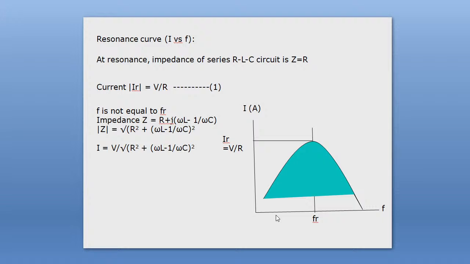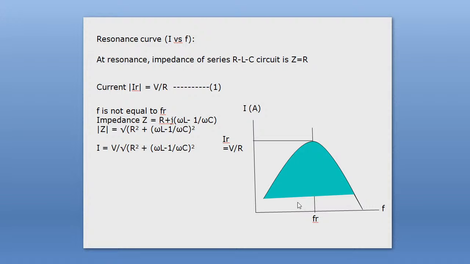Just below the resonant frequency, the current decreases, and above the resonance frequency, current also decreases. At frequency greater than FR, this omega L term, the inductive reactance, will be prominent and will dominate the denominator.